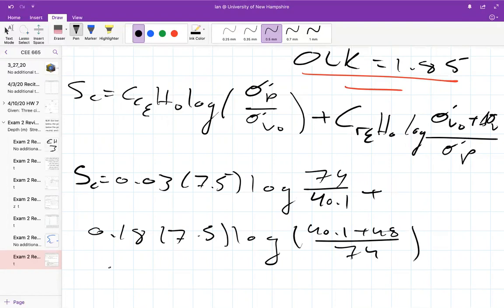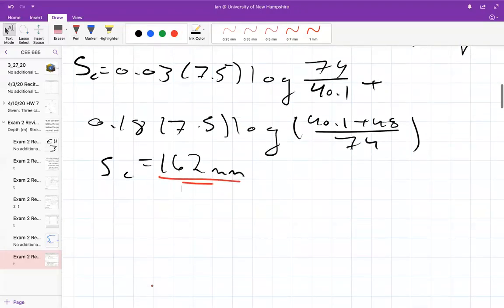And when we do all that math, we'll get 162 millimeters settlement. For those who don't use metric on a daily basis, sometimes it's nice to put these things into perspective.